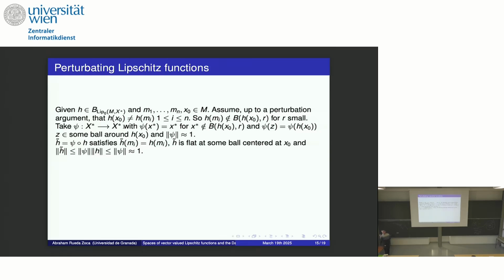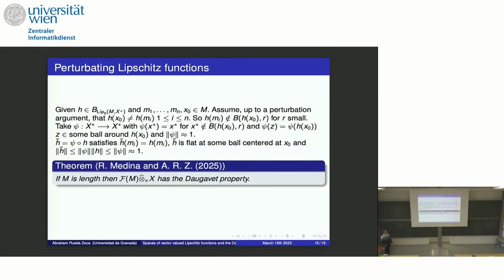And putting everything together, we were able to prove that if M is length, then the projective tensor product of F of M and X has the Daugavet property regardless of X. And as I say, this solved a question of 2018 in the paper where we complete the characterization in the real case.